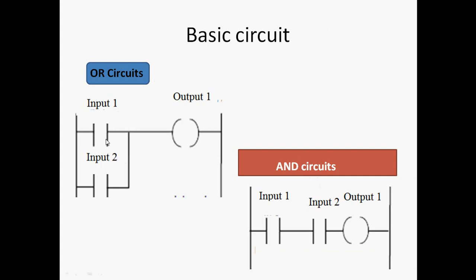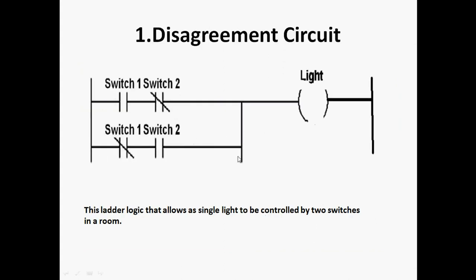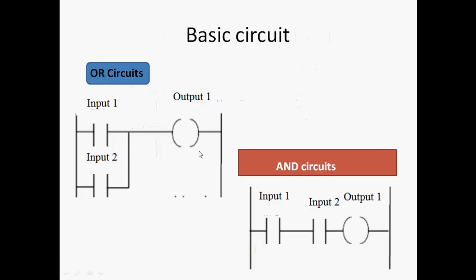If two inputs are present, we have two vertical lines, called power rails. The two inputs are in parallel, and the output is at one end. The inputs are on the left-hand side and the output is on the right-hand side. If input 1 is on, output 1 should be on.